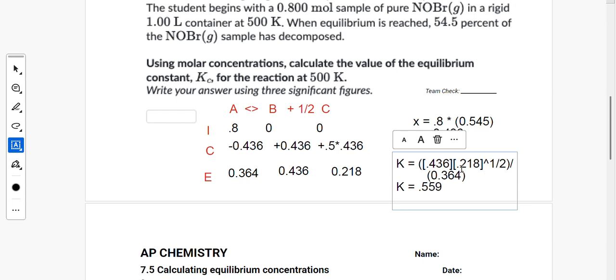And again, 0.218 to the half power, I got that half power from this coefficient here, is actually the square root of 0.218. I don't have an easy way to type that in here to show you guys, but just know that means take the square root of 0.218 there. But that's how I got there.